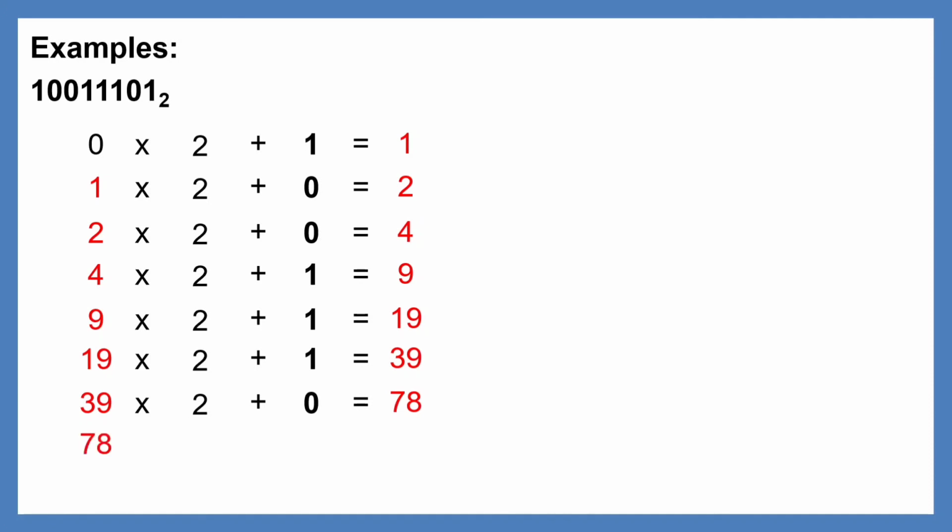And then the last bit, 78 times 2 is 156. Then plus 1 is equal to 157. So 1001101 base 2 is equal to 157 base 10.